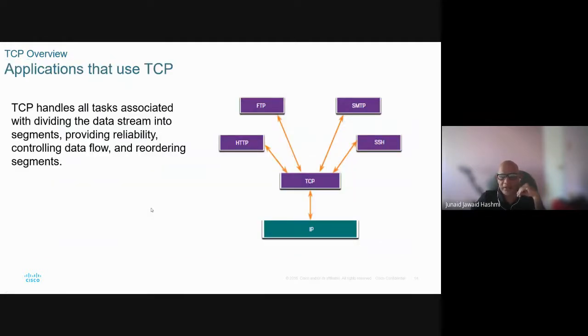All right, so what are the applications? It's the application that decides what protocol to use. So you have FTP, HTTP, SMTP, and SSH, which is Secure Shell. I guess you already know what these protocols do.